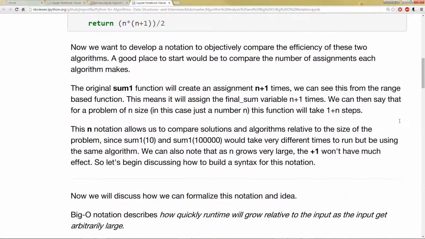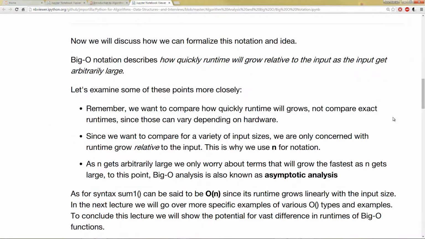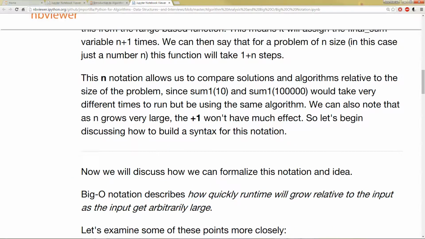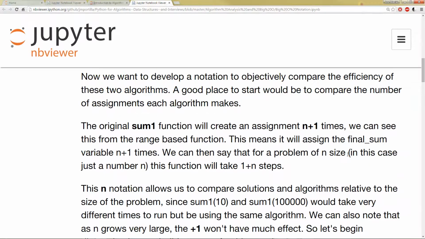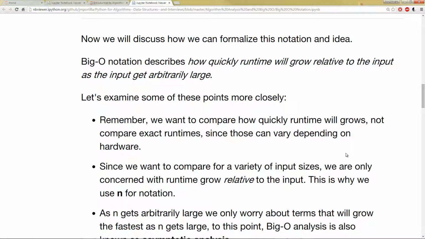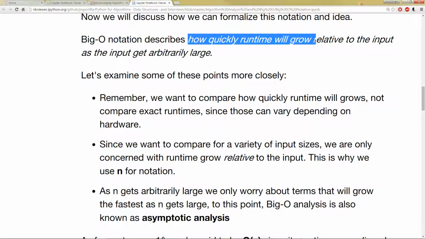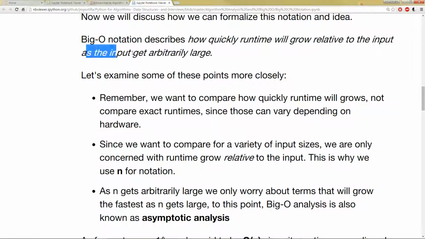Okay, so let's go ahead and scroll down here and zoom in a bit so we can discuss the formality of Big O notation. So Big O notation, formally we can say it describes how quickly runtime will grow relative to the input as the input gets arbitrarily large.